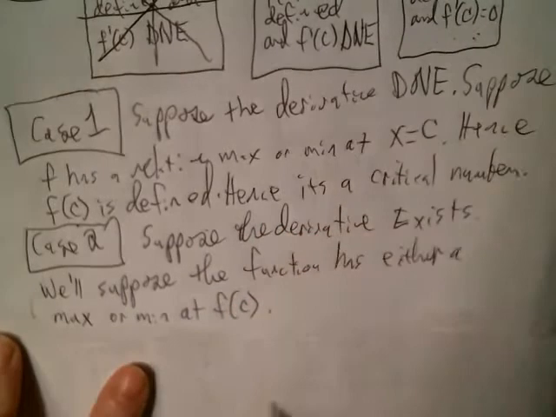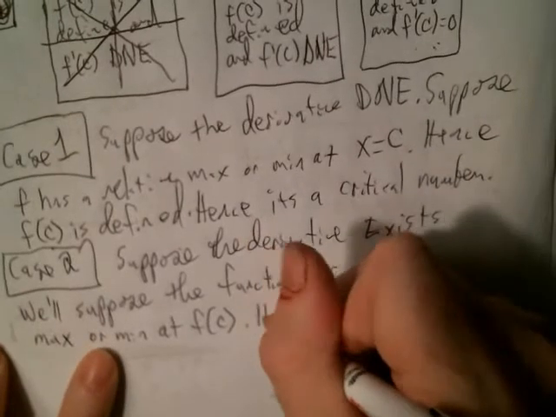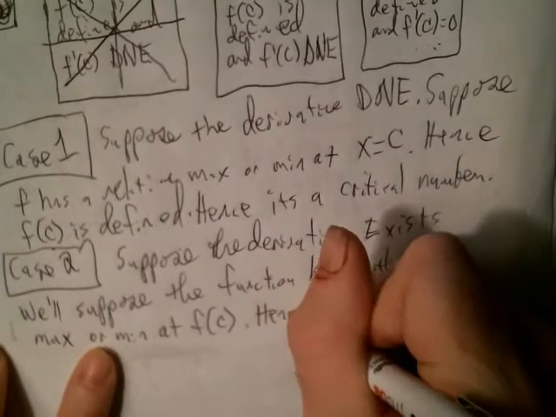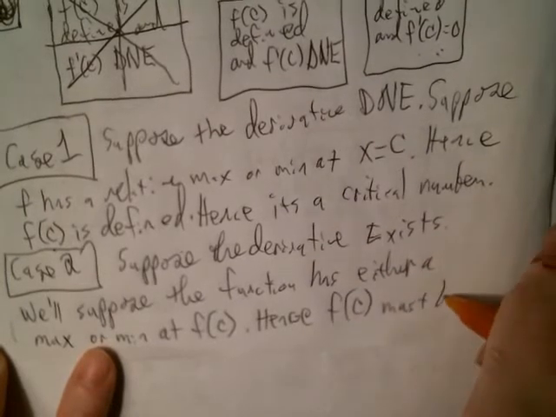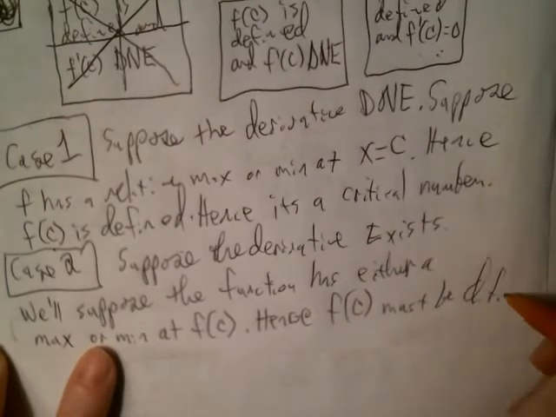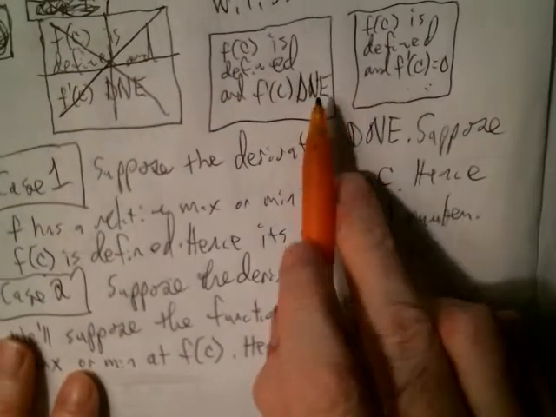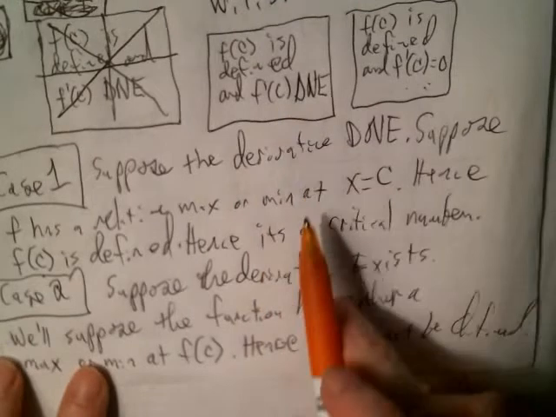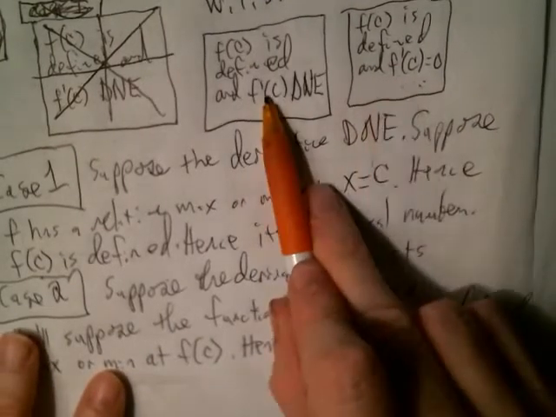Okay. So hence we have that f of c is defined. We have half of what we're after. I mean, we have to be after the other one, because we've already presumed that f prime of c exists. Suppose the derivative exists. So it's not even an issue of going after the first option.